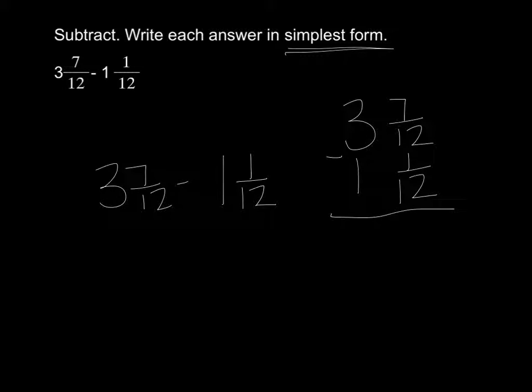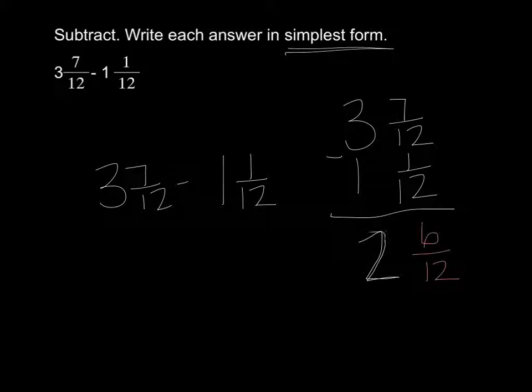Let's start by subtracting our fractions. 7/12 minus 1/12. They're already common denominators, so all I have to do is 7 minus 1, and I'd be left with 6/12. And then 3 minus 1, I'd be left with 2.